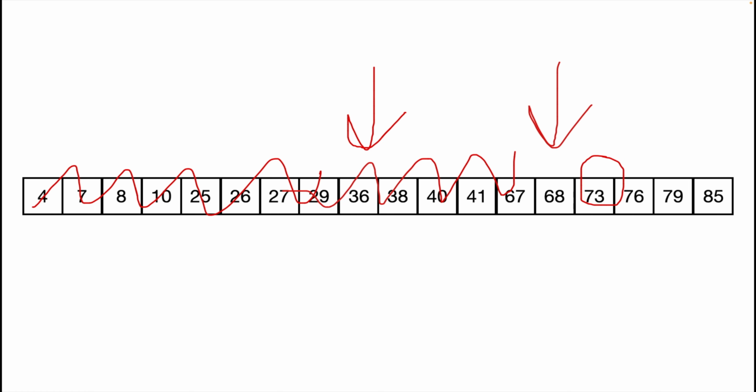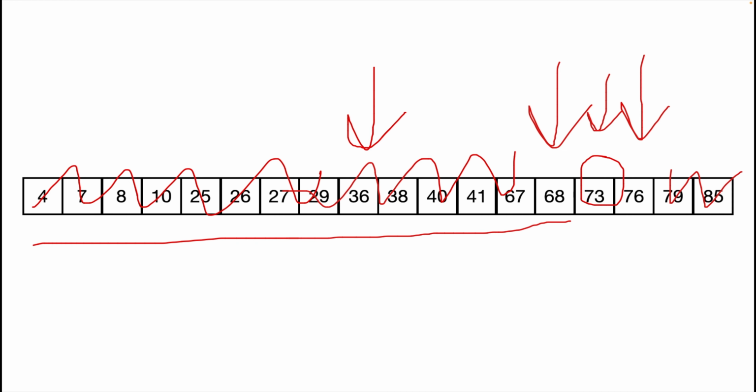Then we find the next midpoint, which in this case is 76, and here we see 76 is greater than 73, so that is our new upper bound, and everything above 76 we can remove. And then of course the next midpoint is indeed 73, and we have found our value. So that was 1, 2, 3, 4 searches, so 4 iterations rather than having to go through all of these values to find 73.